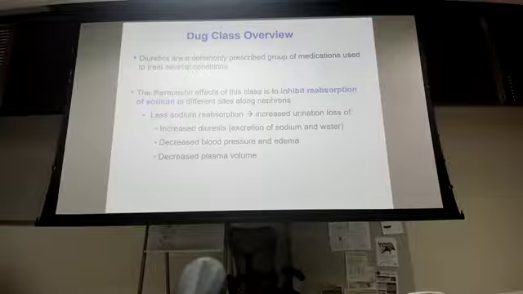Water follows sodium. If you remember one thing from the next 2 hours, water follows sodium. So your diuretics are going to lower your blood pressure primarily by reducing sodium in your body, making sodium go away with the urine, versus being reabsorbed back into the blood.